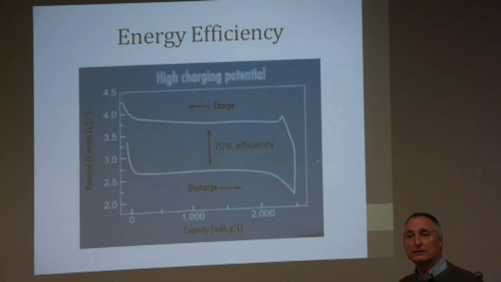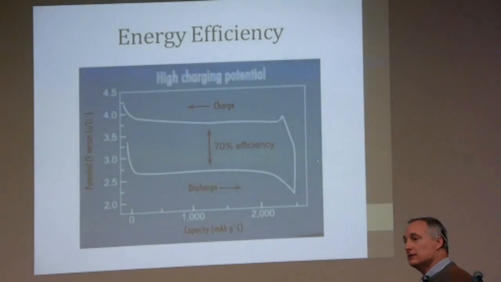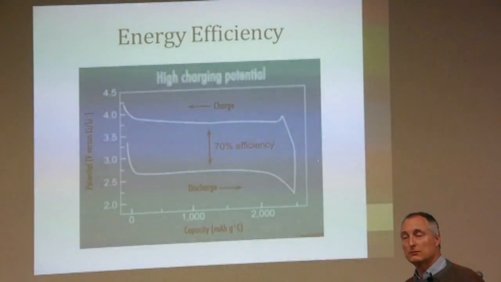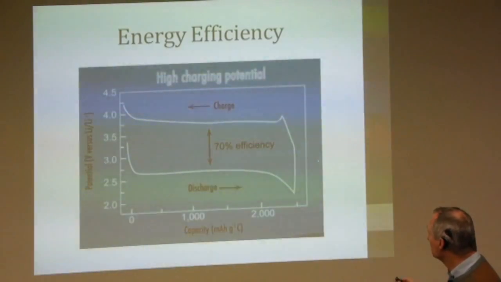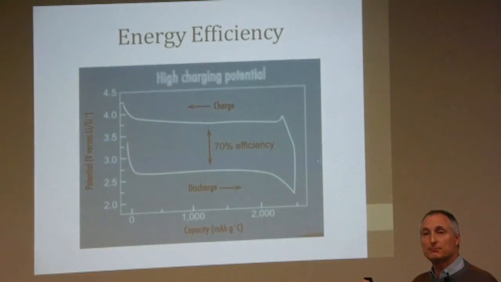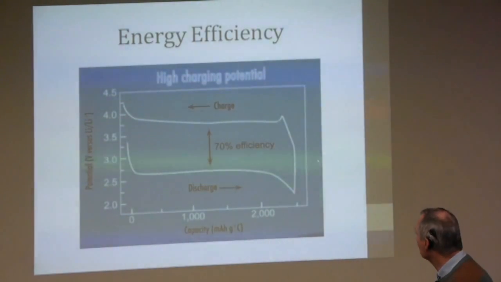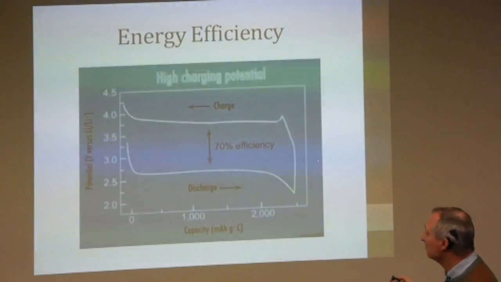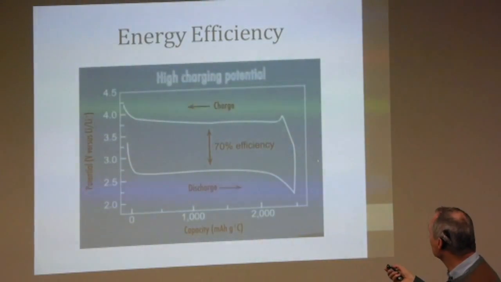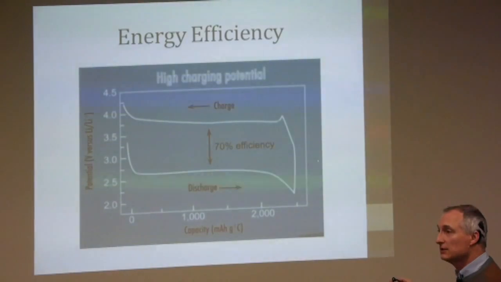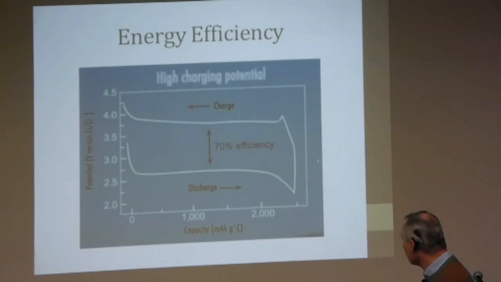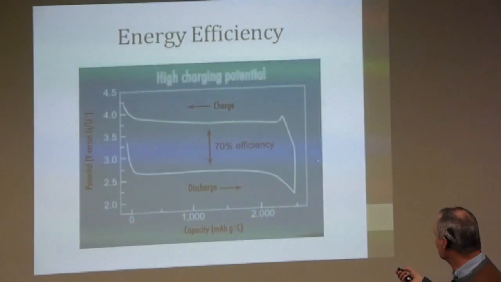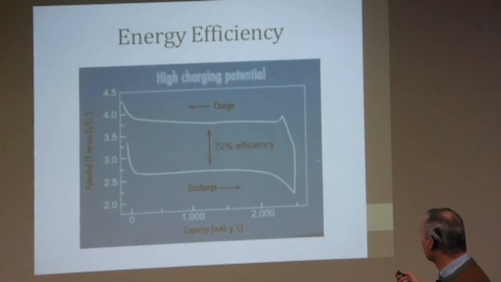Now, although you may get the same number of amp hours in as you get out, the fact that there's a different voltage means that there's a different amount of energy that you put in as what you get out, because the energy is the amp hours times the voltage. And if the voltage is higher when you charge than when you discharge, there's more energy that you put in than you get out. And that difference, that 70% here, that's sort of the efficiency of the battery.